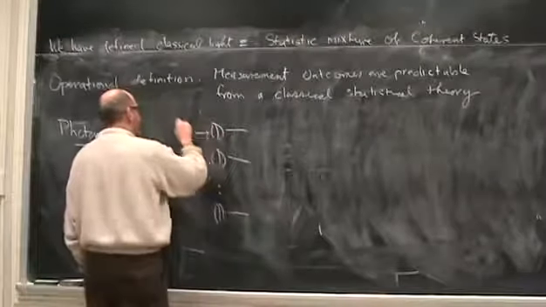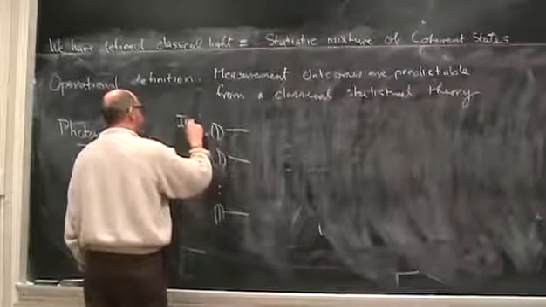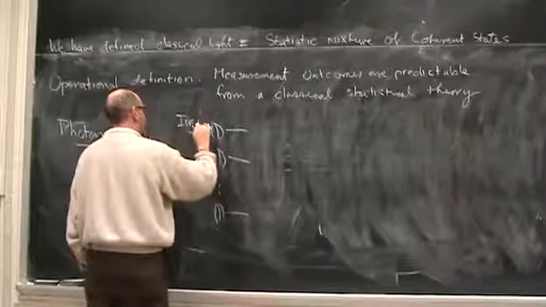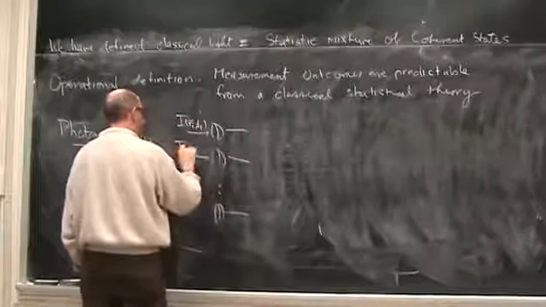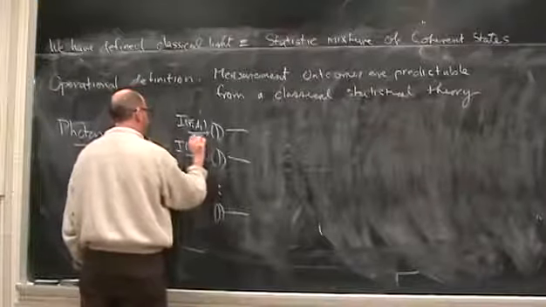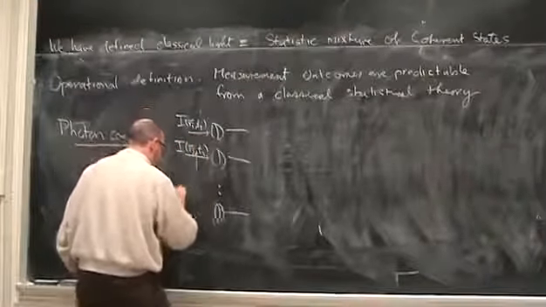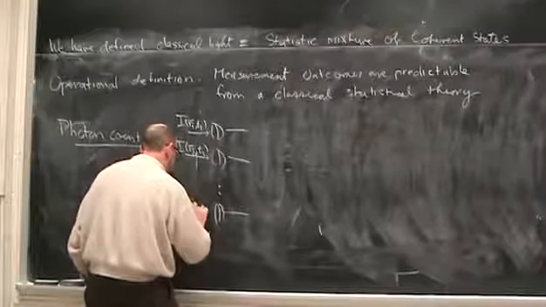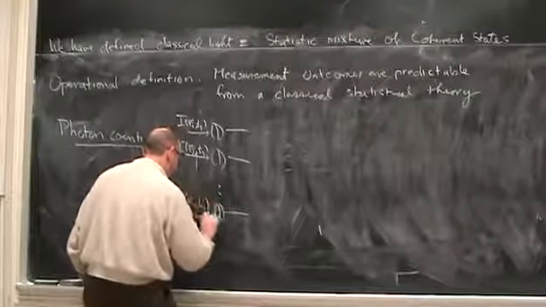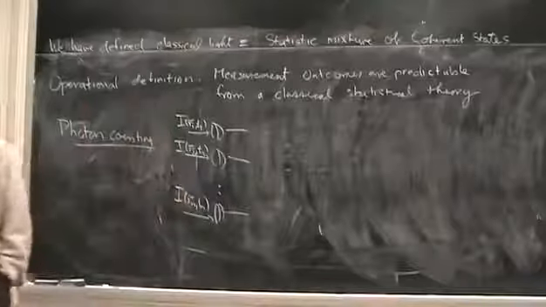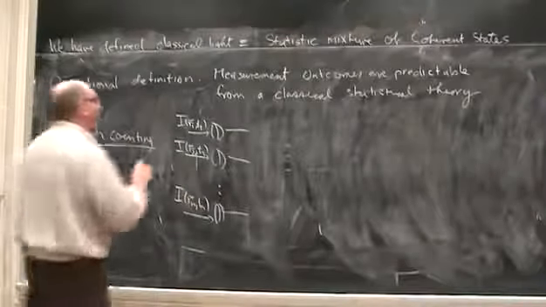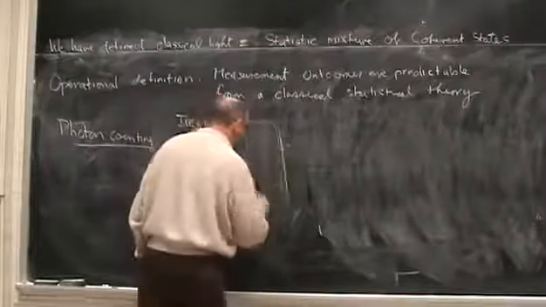We have some intensity coming into each of these detectors, and we might look for counts in each of these detectors or some coincidence.